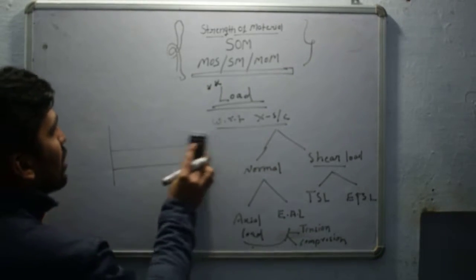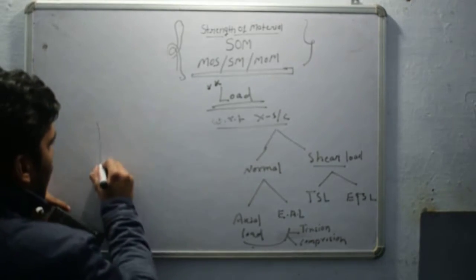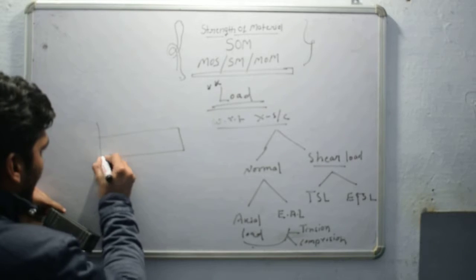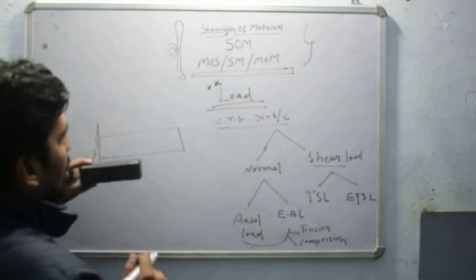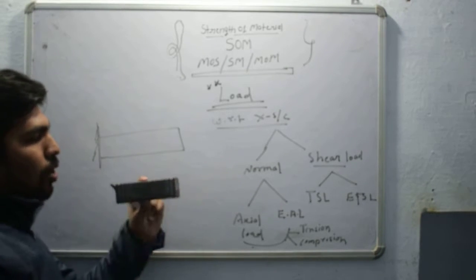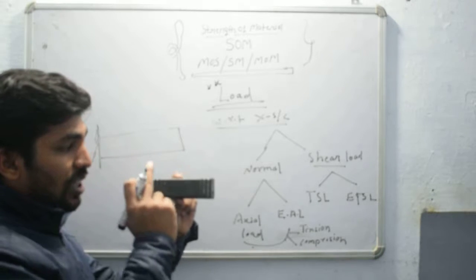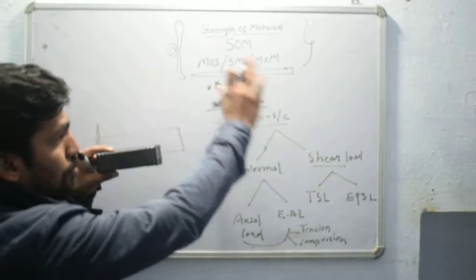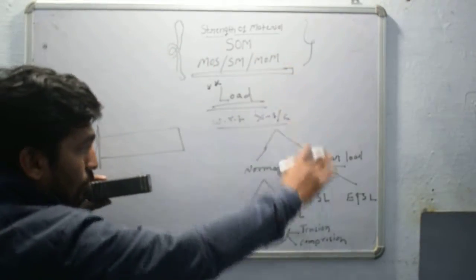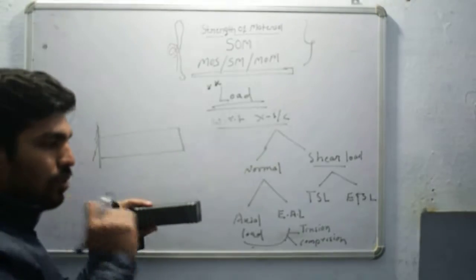Now how to recognize it? If this is a body, this is the front view. If you want to project this front view, you project on this plane, the plane of the board, meaning the vertical plane. This is the top view of this body.